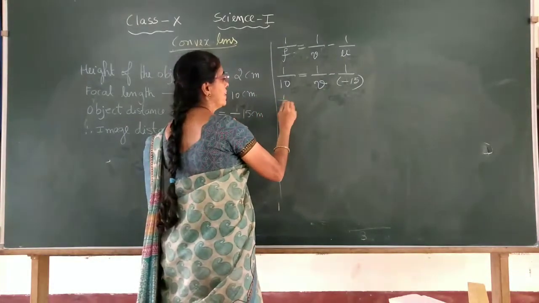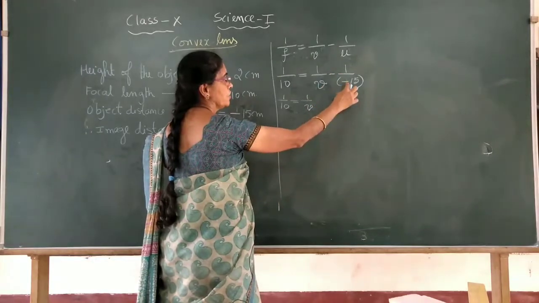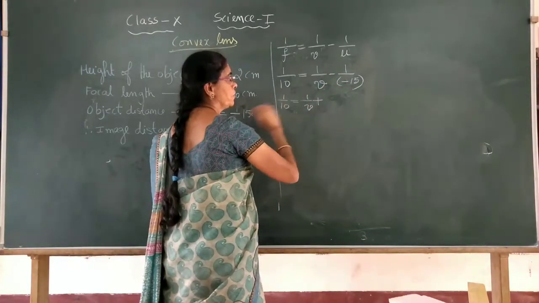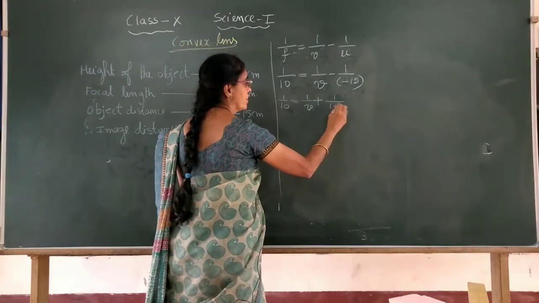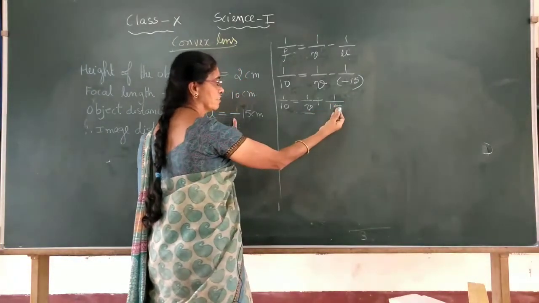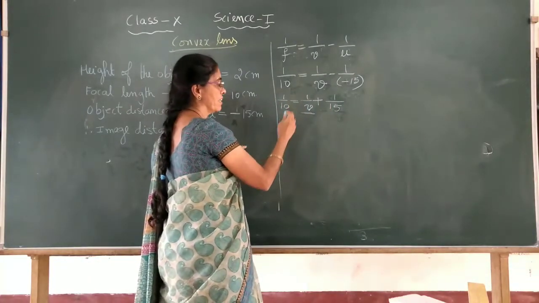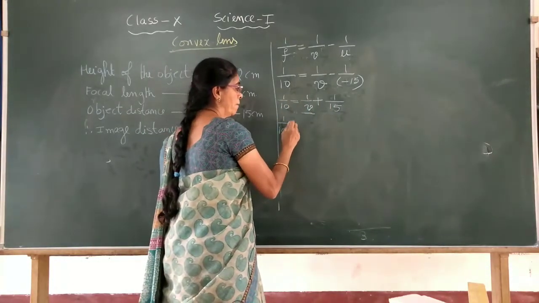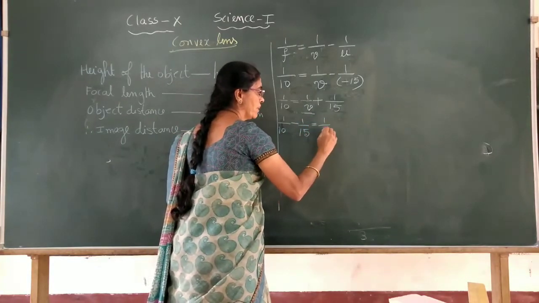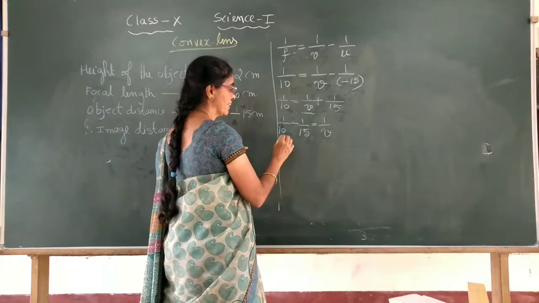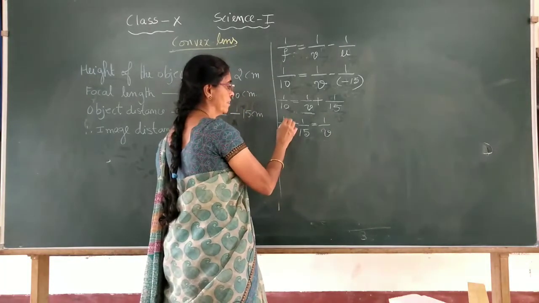Now 1 by 10 is equal to 1 by v. Here minus into minus, it changes into plus. It is 1 by 15. I want v value. So this 1 by 15, bring this side of the equal sign, plus sign change into minus. So 1 by 10 minus 1 by 15 is equal to 1 by v. So common denominator is 30. So it is 10 into 3.